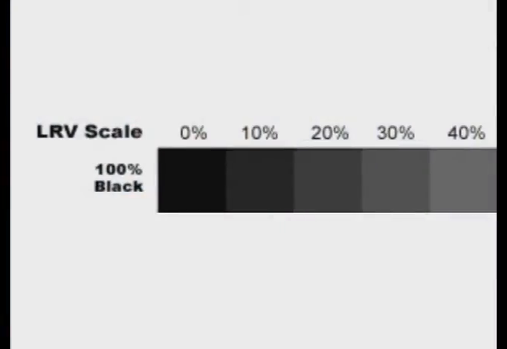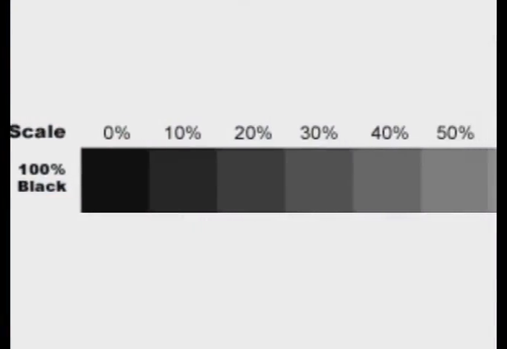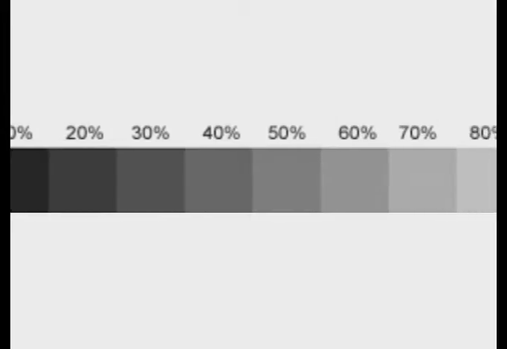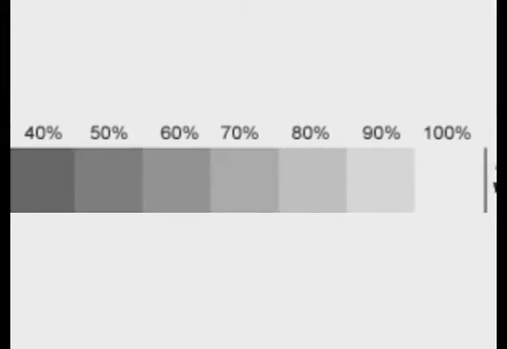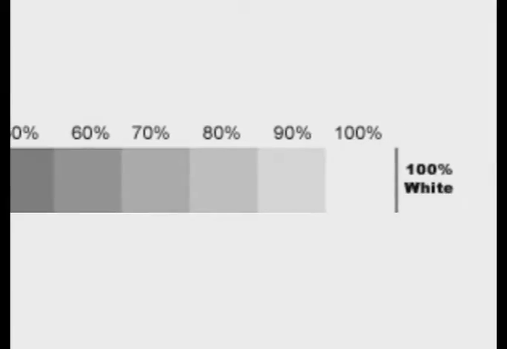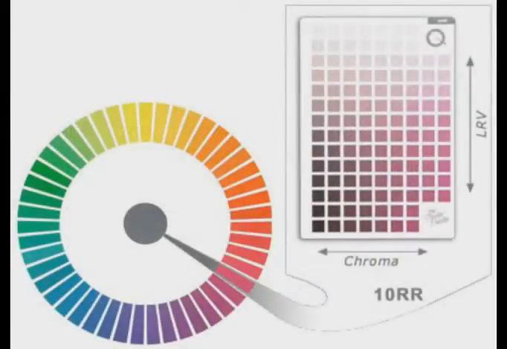Yes, and there's a point system, isn't there, for this light reflectance value? How does that work? That's right. It goes from 0 to 100, where 0 is perceived as absolute black, and 100 is perceived as absolute white. And different colours will have different values within that.